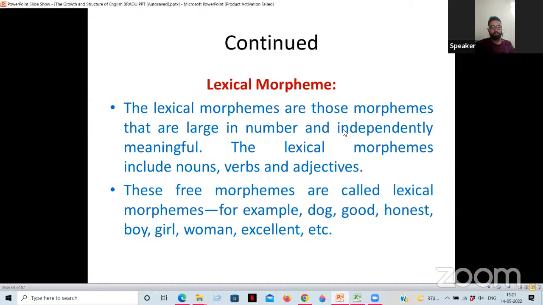So in objects and subjects, we simply use nouns, and sometimes to modify the verb or the subject, we use adjectives. So these are some of the root words, the lexical forms of words that are called free lexical morphemes. As for example, dog is a noun, good is an adjective, honest is an adjective, boy, girl, woman, excellent. So these are some of the lexical morphemes.